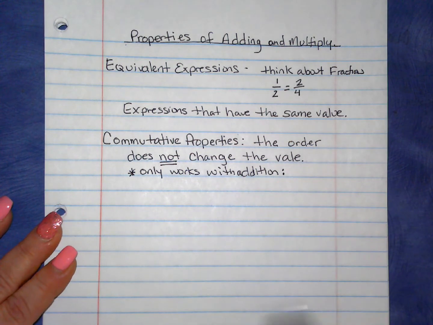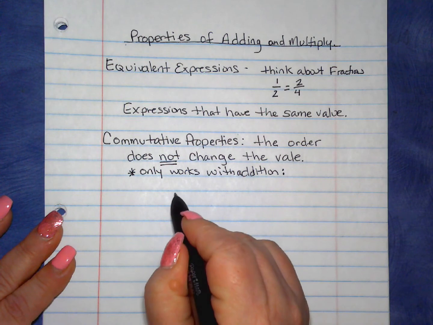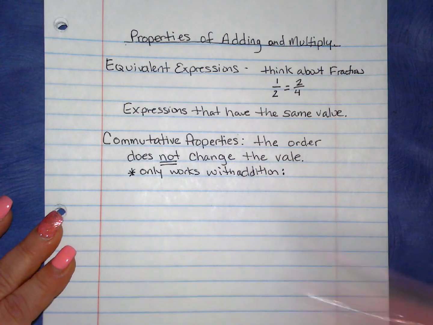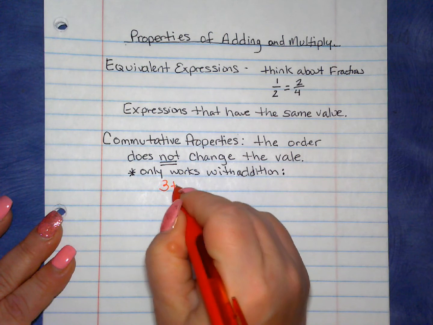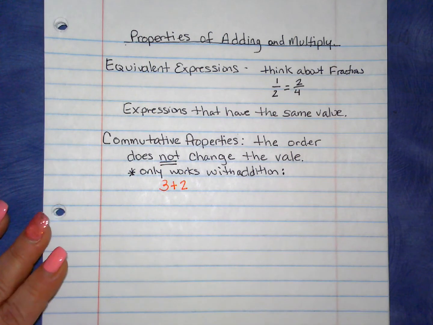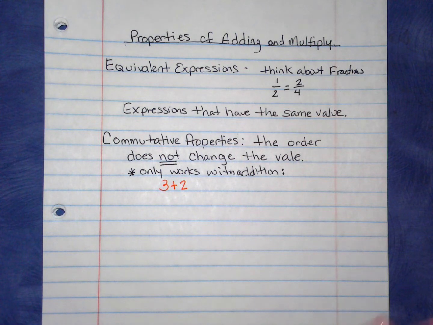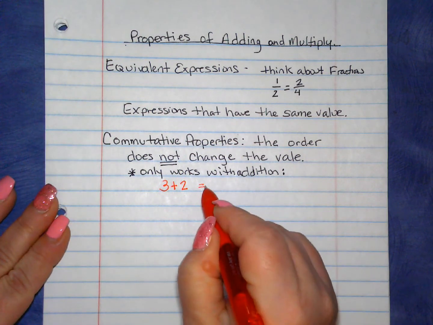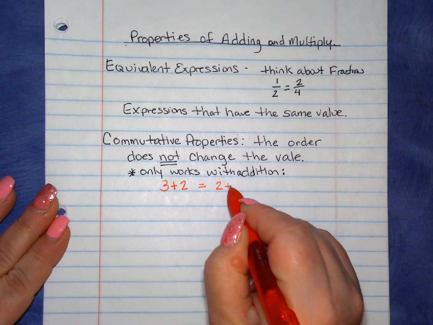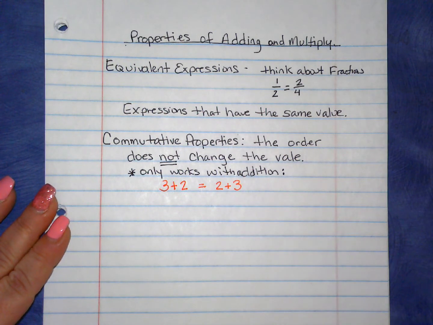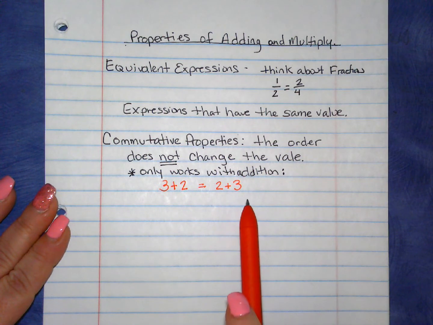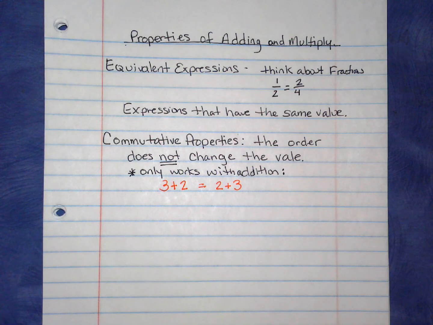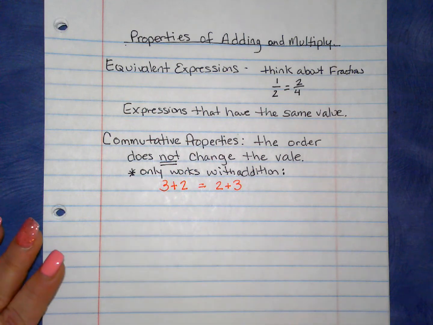Okay, so for instance, if I say 3 plus 2, if I commute the numbers and change their order, the value is still going to be 5. So 3 plus 2 equals 5, and 2 plus 3 equals 5. You guys have been doing this forever. You just might not have known the name of what you were doing. So you were using the commutative property.